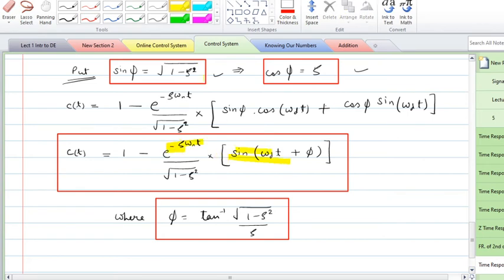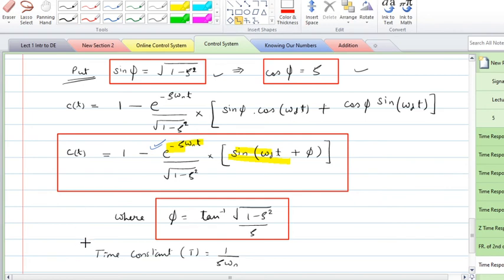Okay, and the exponential decay has a time constant; you can easily calculate its time constant from this term, that is, the time constant of this function will be equal to one by zeta omega n.